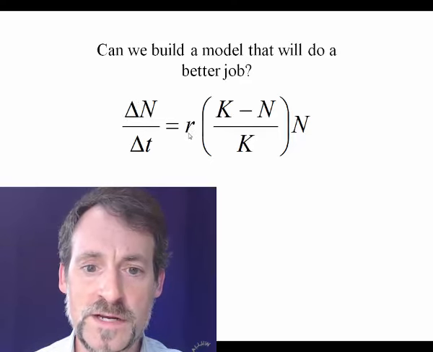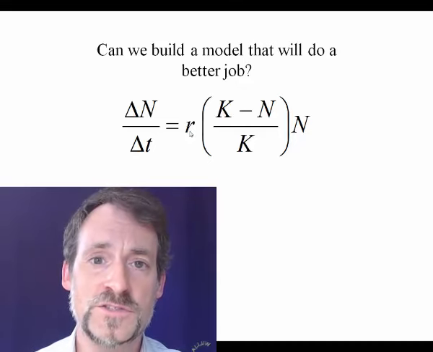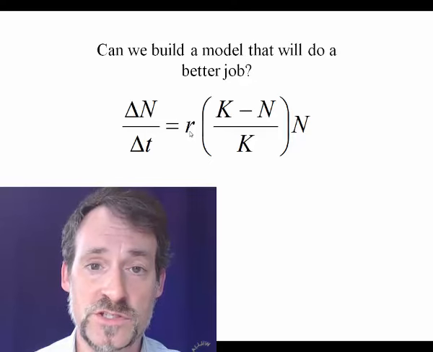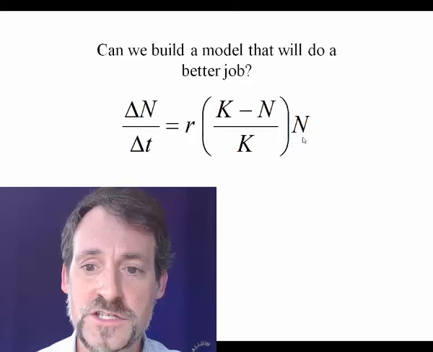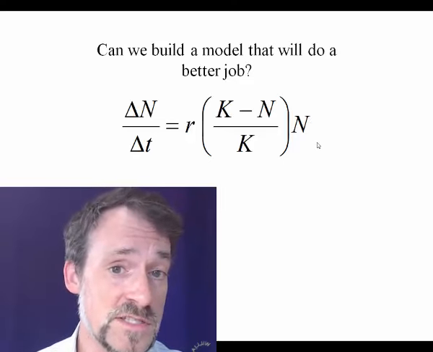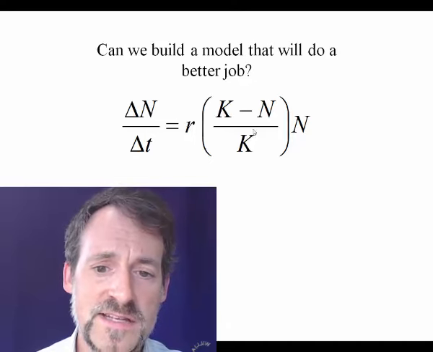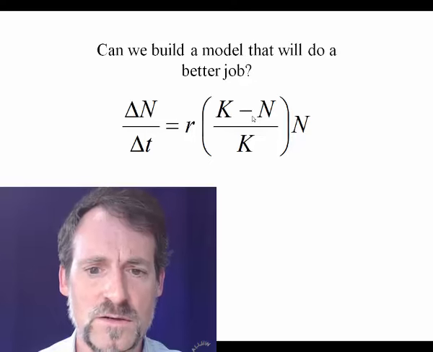Here's the rate of increase, basically what each pair of sheep or tuna is able to do in terms of replacing itself under ideal conditions. Here's the population size. Put together, that's just the exponential equation, which you've already seen. All that we're going to add to that is this term in here, K minus N over K.